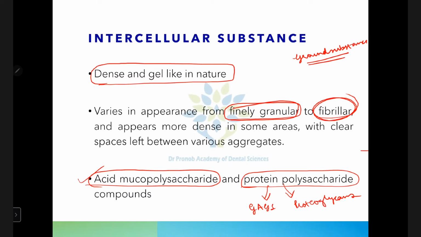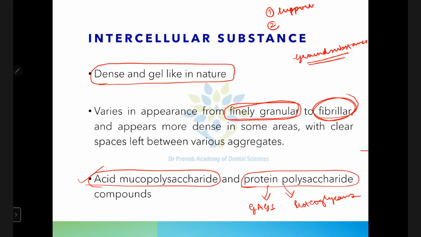Now, what is the function of the ground substance? We all know ground substance acts as a base onto which all the cells are lying. It gives support to the cells of the pulp. So the first function is support.